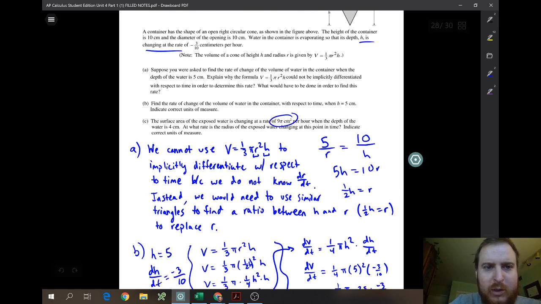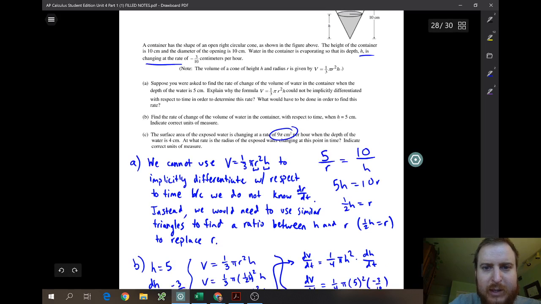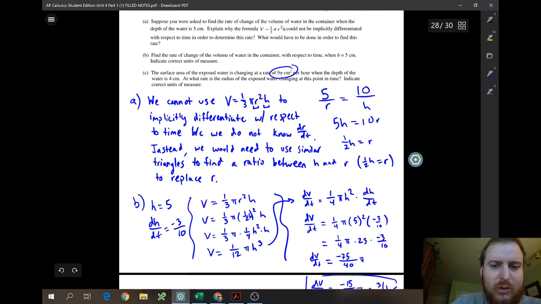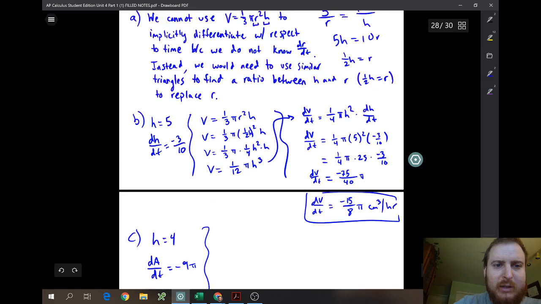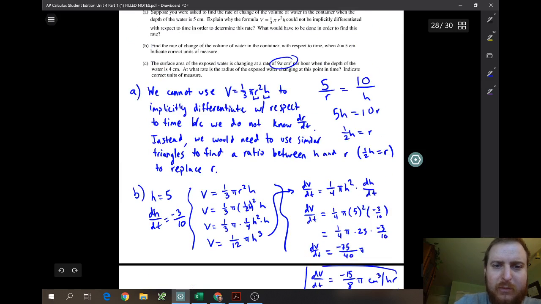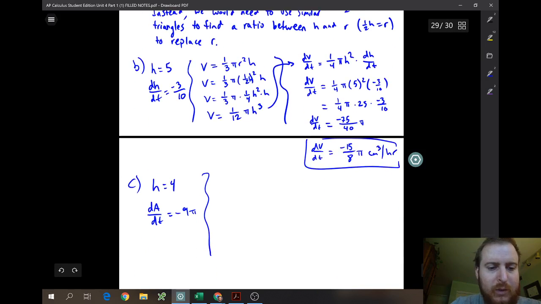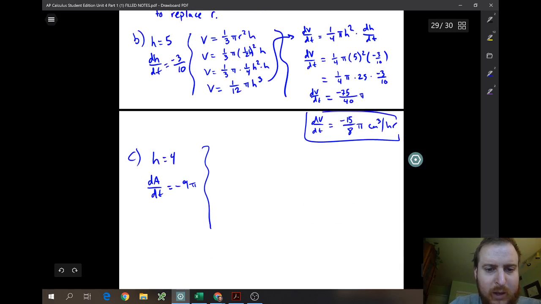Up here we see that they say when the container is evaporating, so that the depth is changing. So we knew that it was evaporating, so really this should have been negative 9 pi. But if you put positive 9 pi, because on a real AP test they would have been a lot more clear with that number, give yourself the point. Don't take off your point. Okay, so those are the two givens that we have.